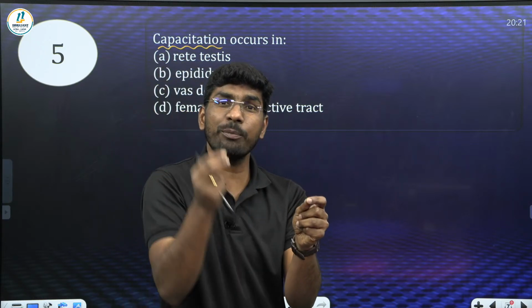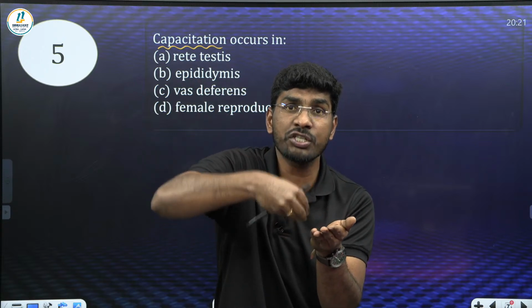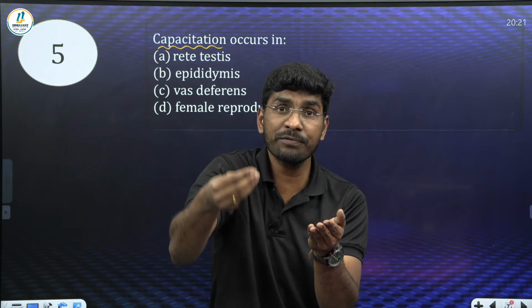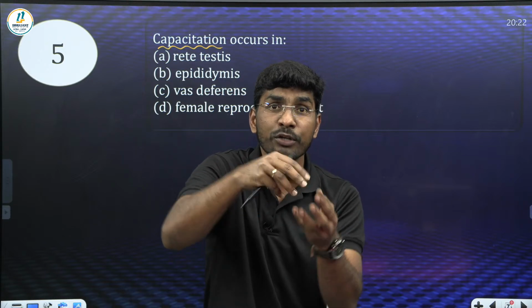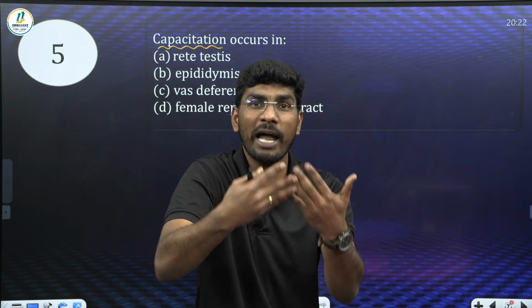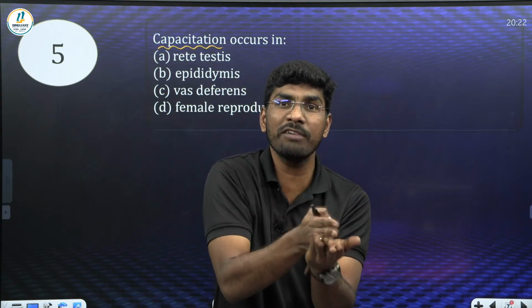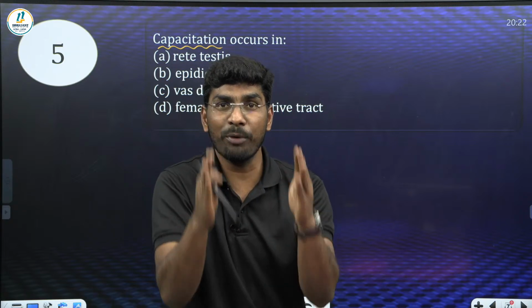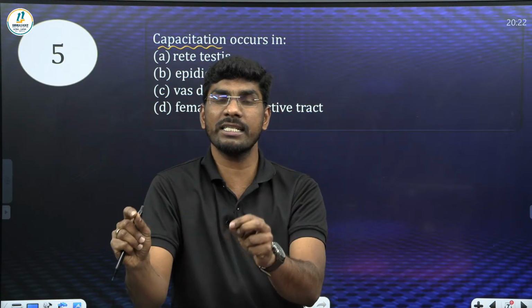This capacitation process takes place in the female genital tract once ejaculation takes place. Calcium ions from the semen start to move into the sperm, making the sperm more active, so it swims very fast in the female genital tract.